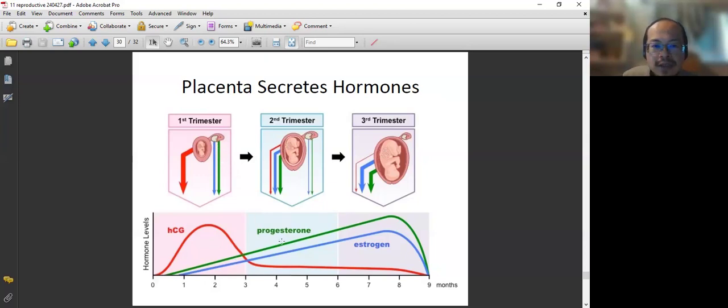By the second trimester, the corpus luteum will die away, the placenta is large enough to produce estrogen and progesterone, and the HCG gradually declines because you don't need the corpus luteum anymore. By the transition to the third trimester, you don't need HCG, and the placenta itself produces the estrogen and progesterone.